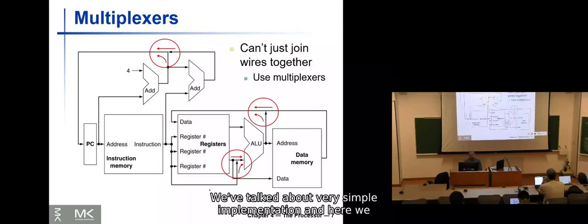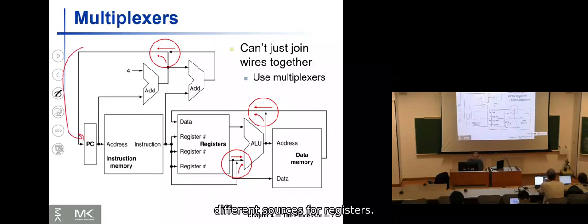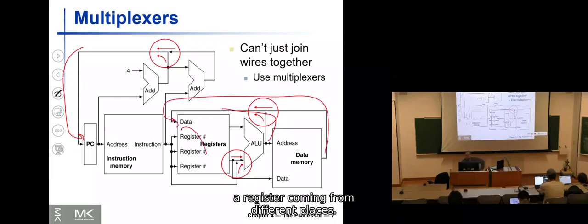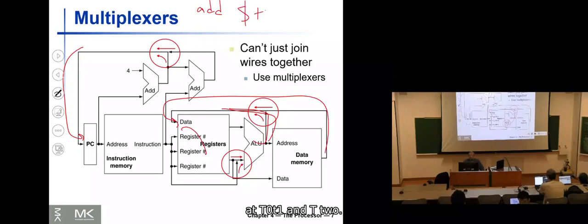And here we reach this point that there are different sources for different registers. For example, here the data which should be written into a register comes from different places. For example, it comes from the ALU output in an instruction like this, add T0, T1, and T2.